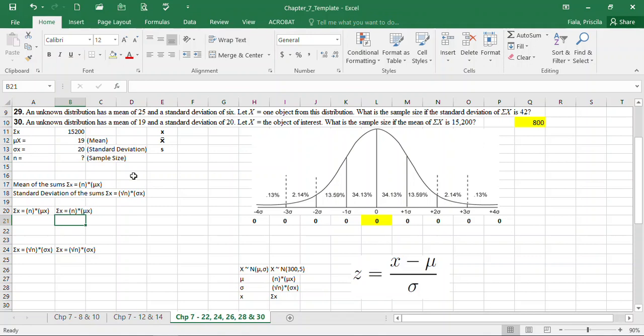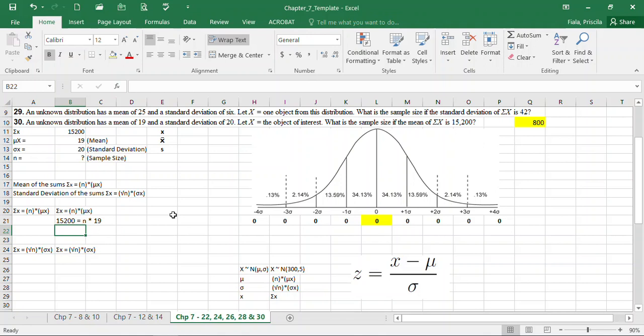We have the sum of the values, 15,200, equals n, which we're solving for, times your mean, and that should be your equation. You know that I don't like moving things; I leave them the way they are.